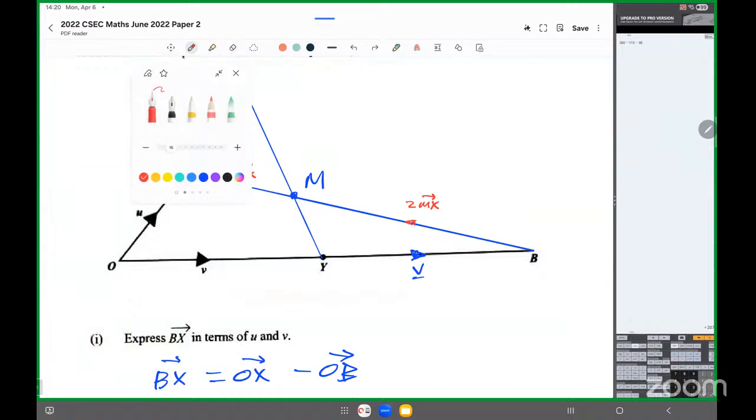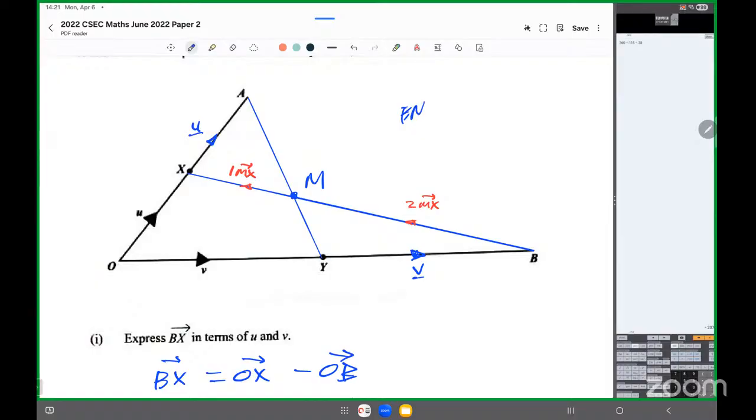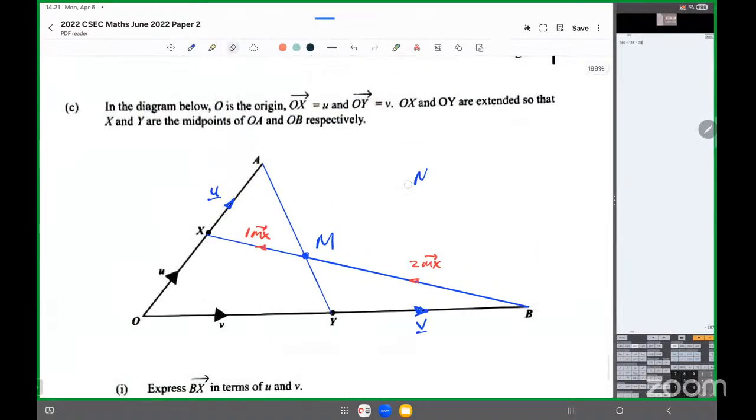It means that BM, this BM, is 2 out of the 3 parts of BX, so it is 2/3 of BX.